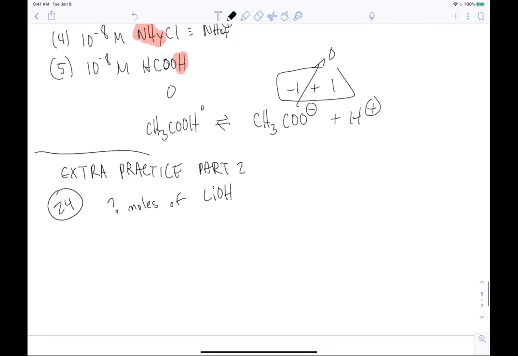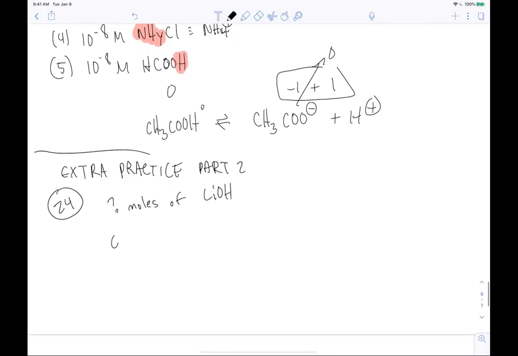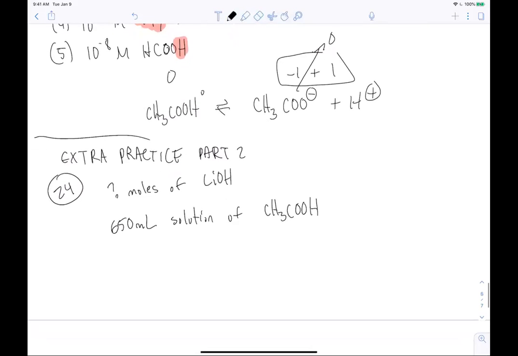And we have a 650 milliliter solution of acetic acid, 0.59 molar. And then we want the pH equal to 5.